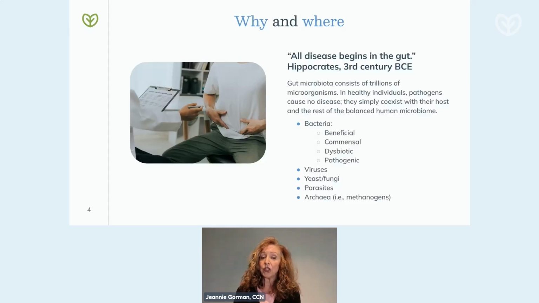Dysbiotic bacteria, which usually are commensals that have risen to the elevation of dysbiotic and could require treatment. And then pathogenic bacteria, obviously problematic, disease-causing, severe symptoms, etc. Then viruses live amongst the microbiome, the yeast, the fungi, the parasites, and other constituents of the gut that are important to know about.